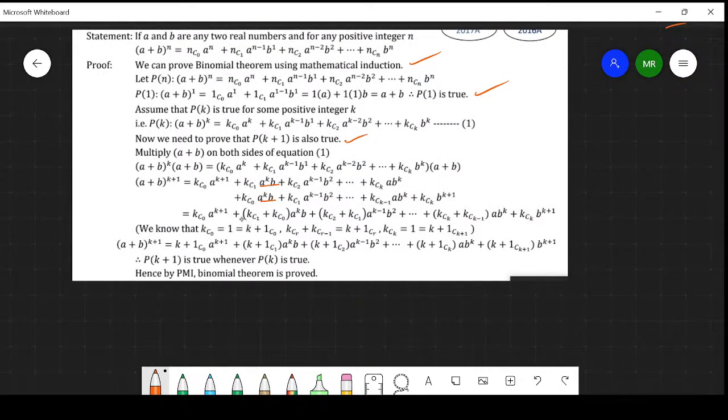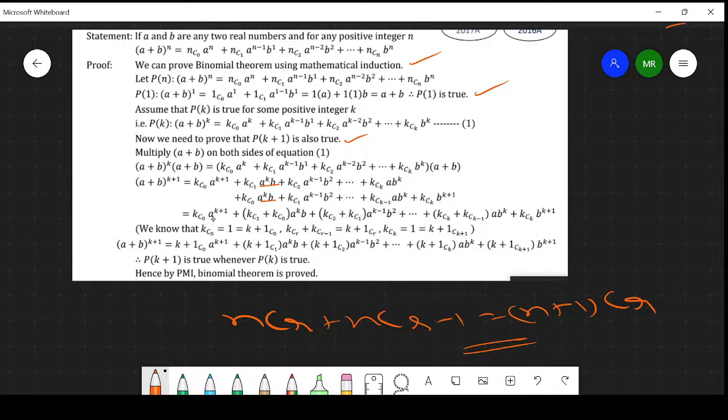Now you can see here, we know one formula in binomial. Why not, like in permutation combination? nCr plus nCr minus 1 is always equal to n plus 1 Cr. This formula we know. They are using this one, you can see here.